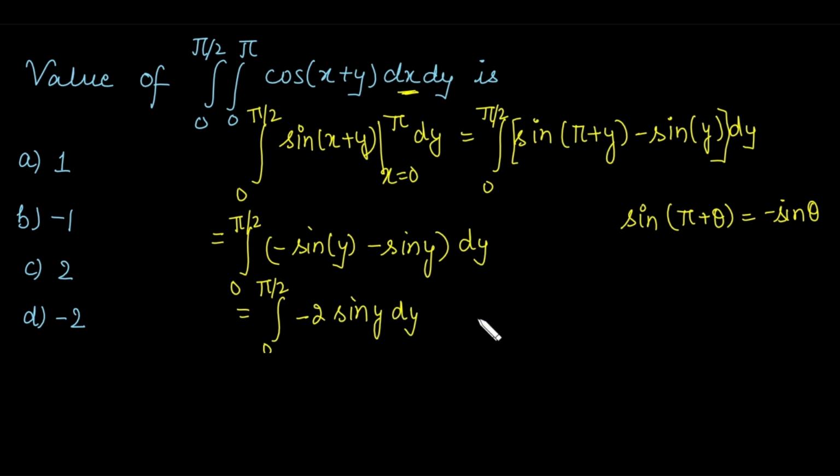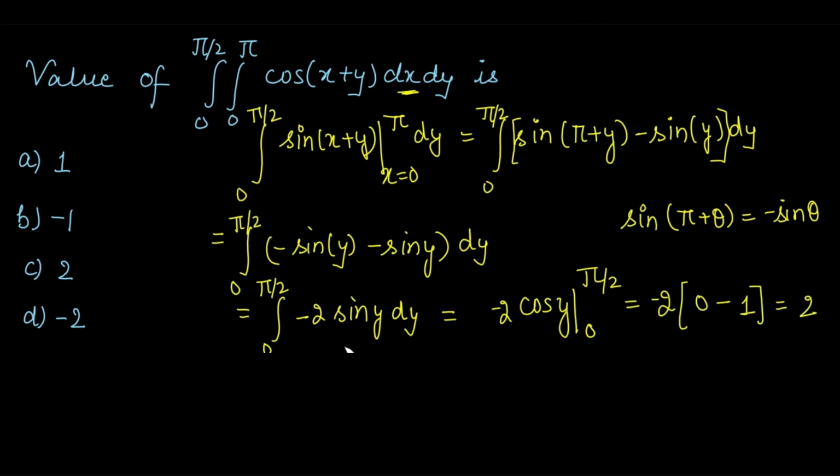Now what is the integration of sine? That is minus cos, and minus 2 as it is. Limit of y is 0 to pi by 2. This minus 2 outside, cos of pi by 2 is 0 minus cos of 0 is 1. So this is equal to 2. Hence option C is correct.